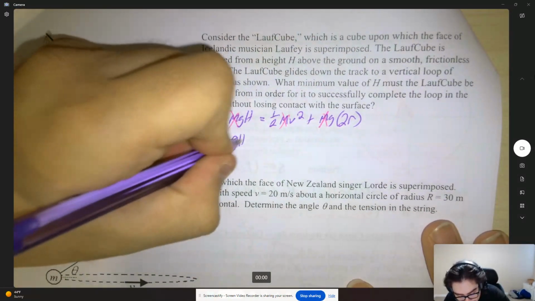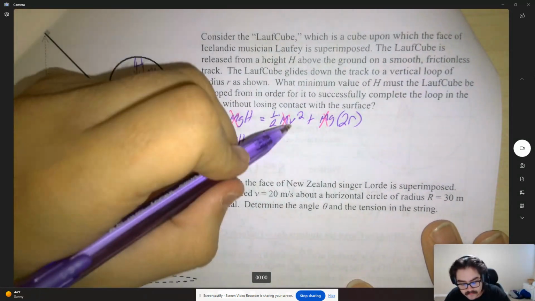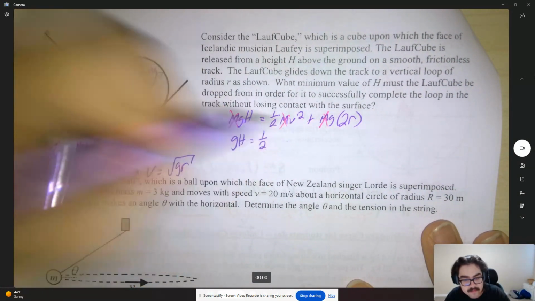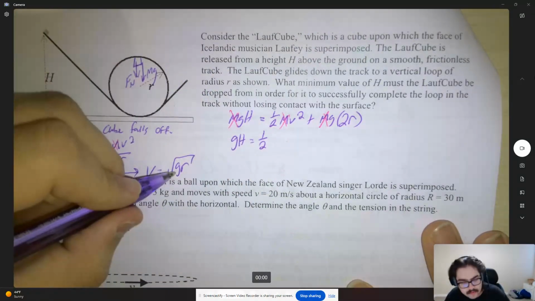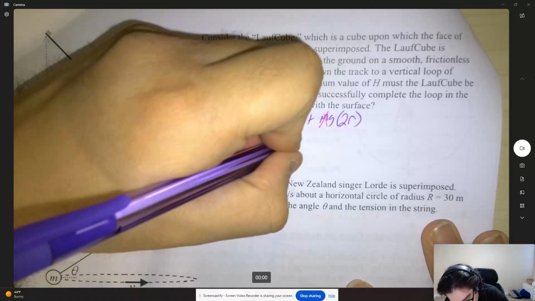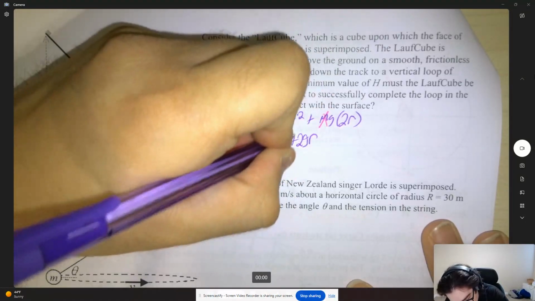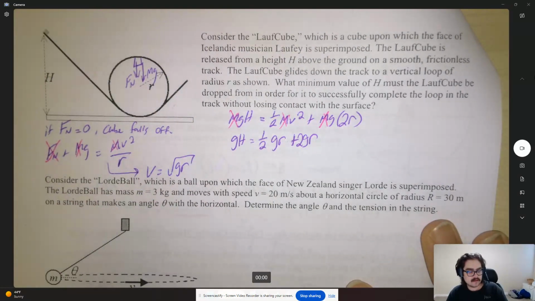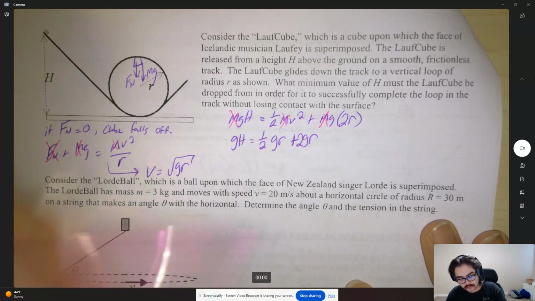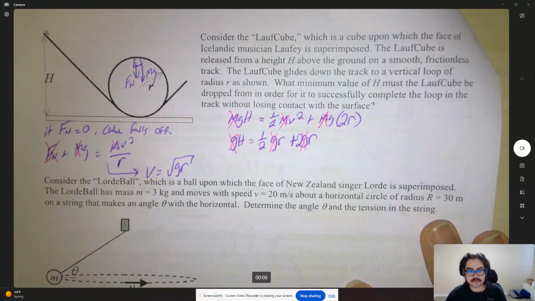So gH equals one half, and for v I substitute root gr. Root gr squared is just gr. Then plus 2gr. Oh, g is also in all my terms, so I can get rid of those.